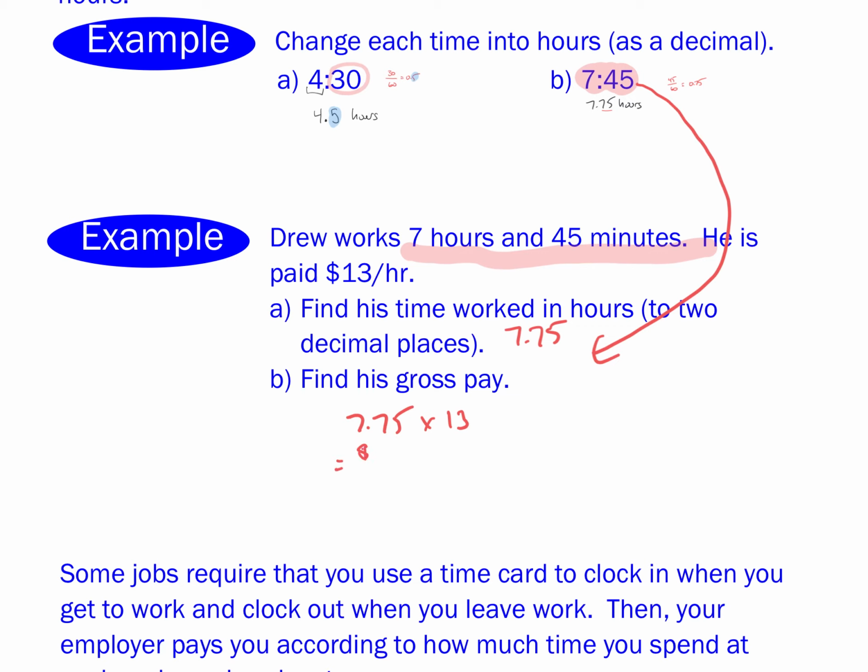Very good. $100.75 is his gross pay. And we find that by multiplying his hourly rate by the number of hours he works, which is 7.75. Okay? All right.